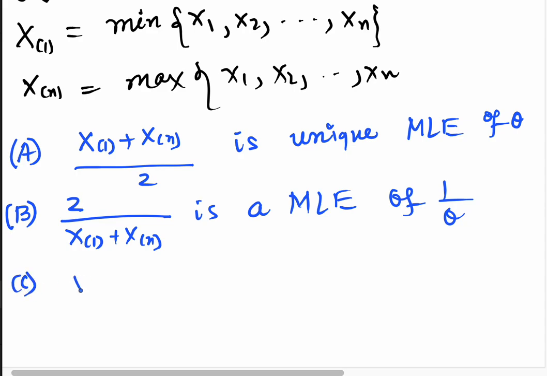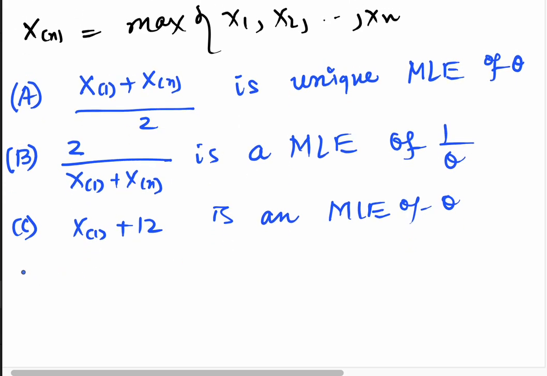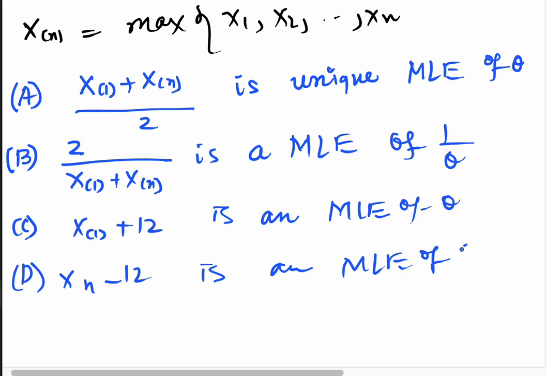C, X(1) + 12 is an MLE of θ. D, X(n) − 12 is an MLE of θ. So that we will check.